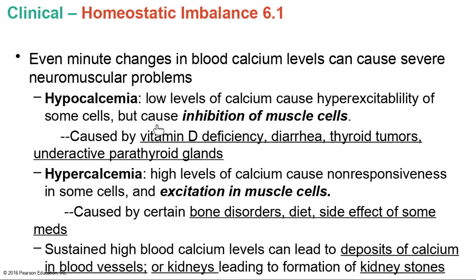We're not going to go into that because it's a little more complicated. What I would like you to know in general is that with hypocalcemia, low levels of calcium, you would see an inhibition of muscle cells, an inhibition of neuronal communication, and an inhibition of all the things that we associate calcium with as far as function.